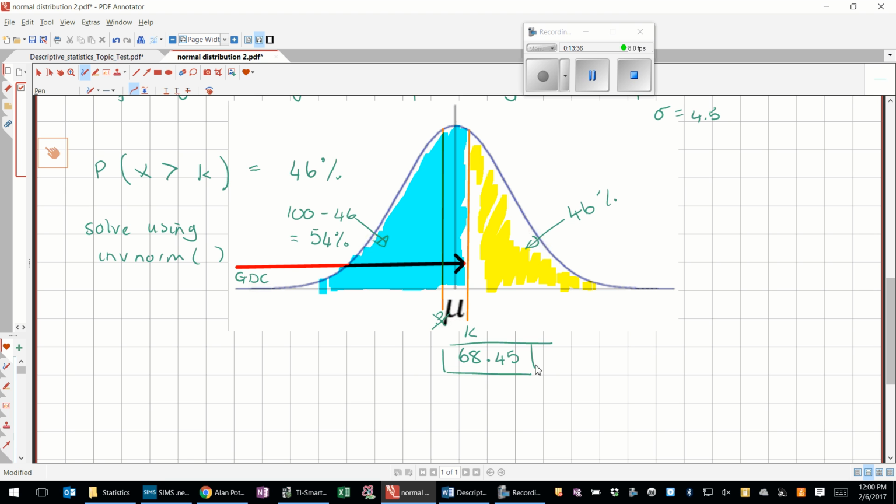That's our K value. And then we just stick it into something. No, we've got it. So basically we can say that the probability that x is greater than 68.45 equals 46%.